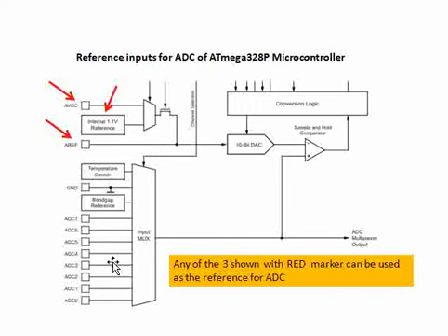Beyond VREF, if you give any voltage, an erroneous value will be read by the microcontroller. So the reference voltage is very important, and the reference voltage has to be stable. A very important point to remember while working on ADCs.